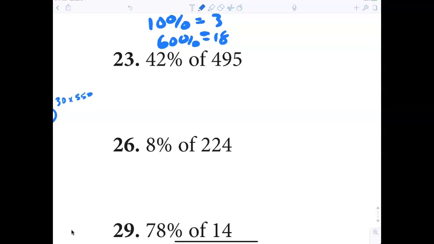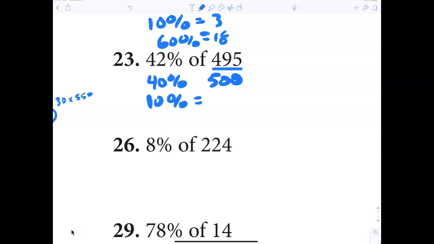All right, number 23. Let you give it a shot. So 42 turns into about 40, and then 40% of 100 is 20. What about this number right here? That turns into 500. So now what's 10%? 10% of 500.